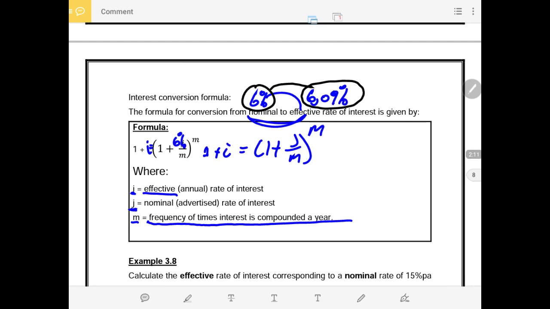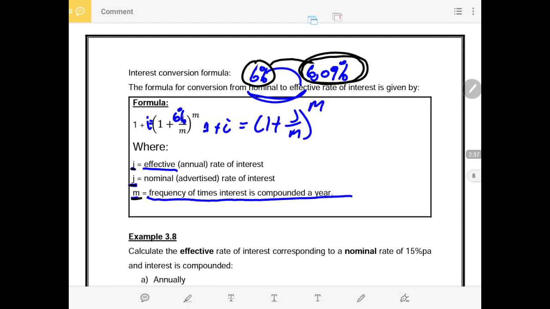Previously, we were able to calculate the effective interest rate of 6.09% because we had all the numbers to do so. But now in the case where we don't have numbers to work with, but we are limited to the formula, that is the importance of the formula, where now we can do the conversion. And I highlighted all the dynamics and the meaning of I and J and M in the latter recording.